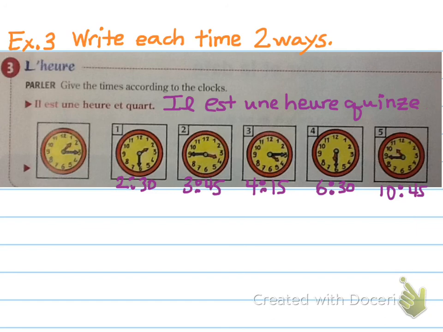So, for example, number 5, one way is to say it's 10:45. So, il est 10 heures 45.